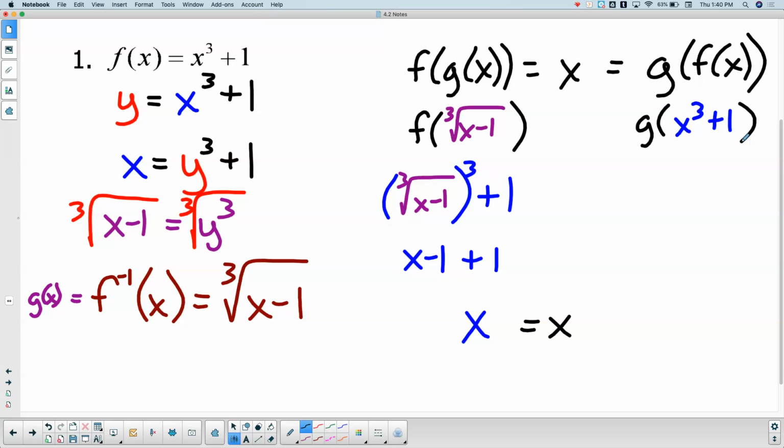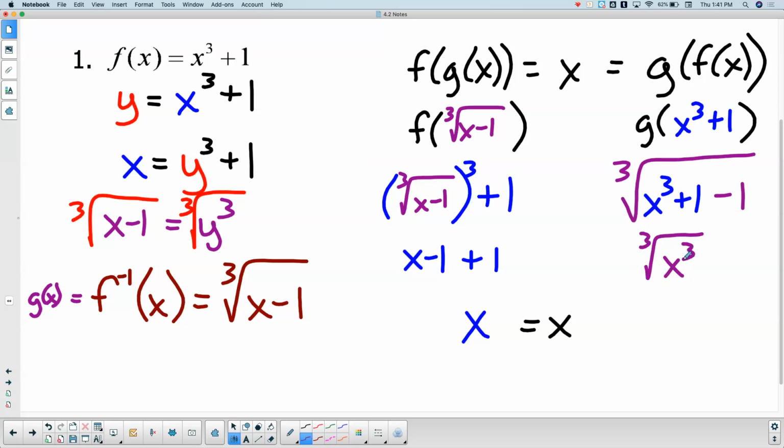So that's going to be the cube root of x cubed plus 1, then minus 1. X cubed plus 1 minus 1 is just x cubed. Cube root of x cubed is x, which equals x. So all verified.